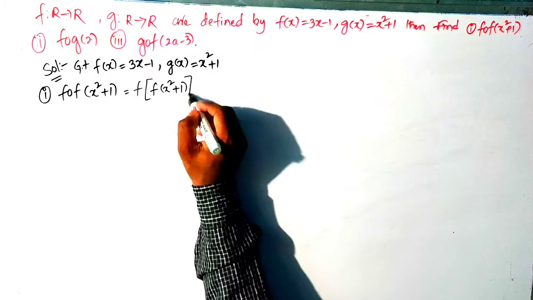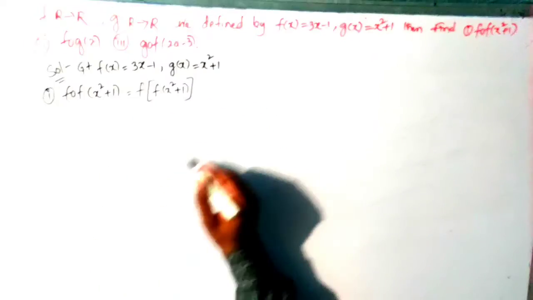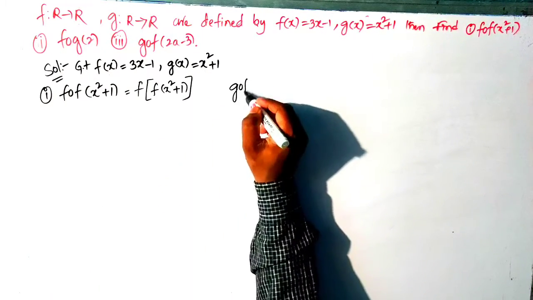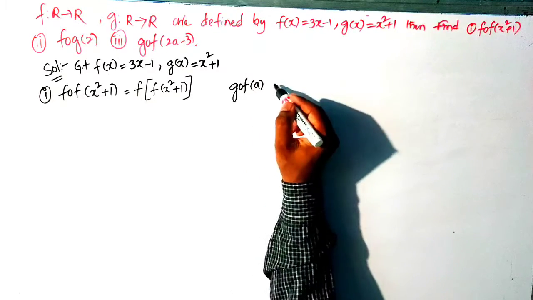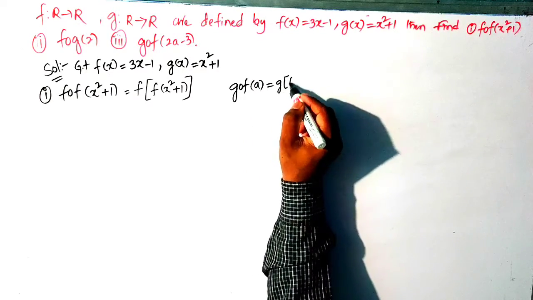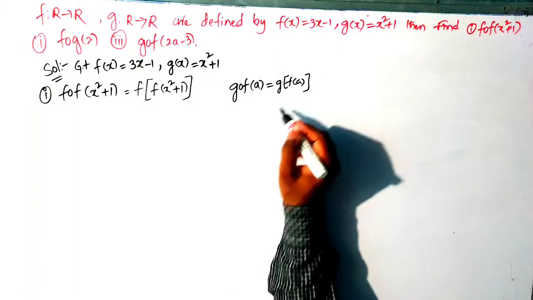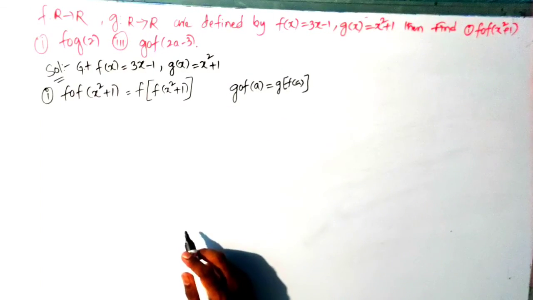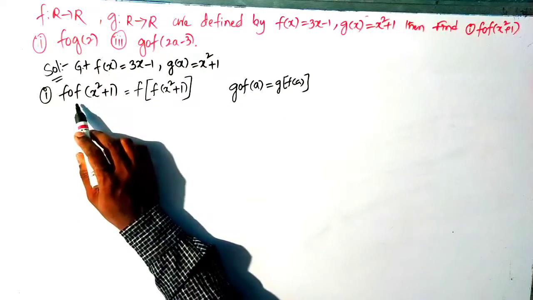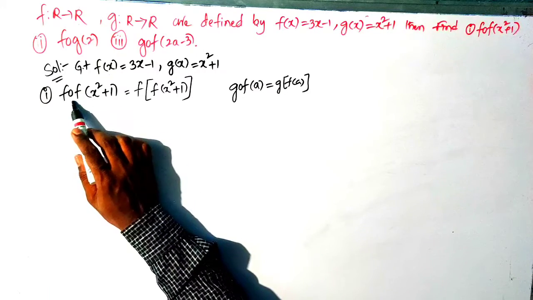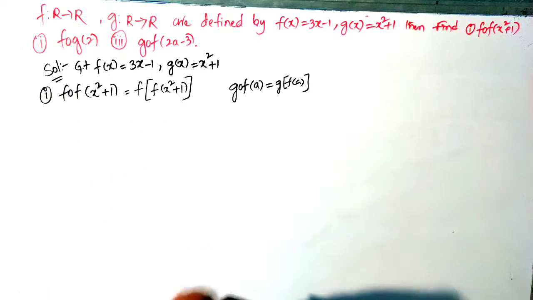Clear? So by using this condition, g circle f, combination of functions, that is composite function. So g circle f of a can be written also g of f of a. So f circle f of x square plus 1 can be written also f of x square plus 1.